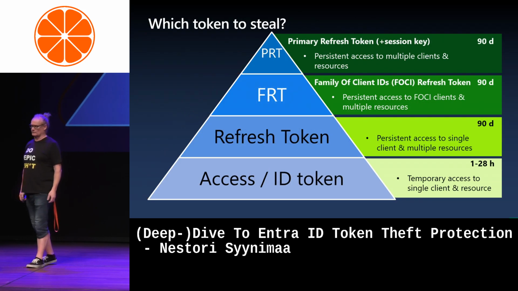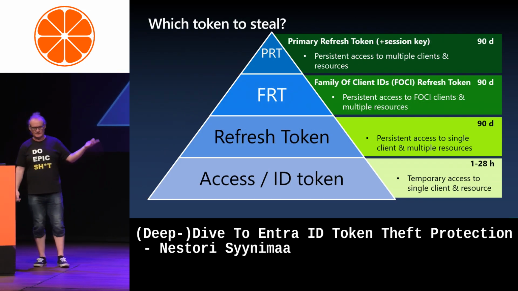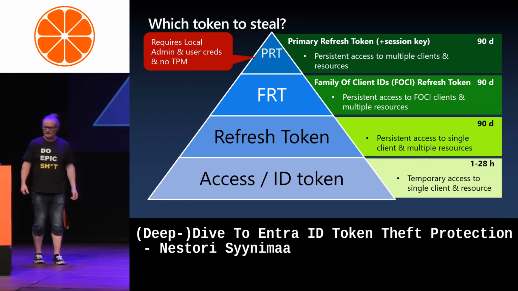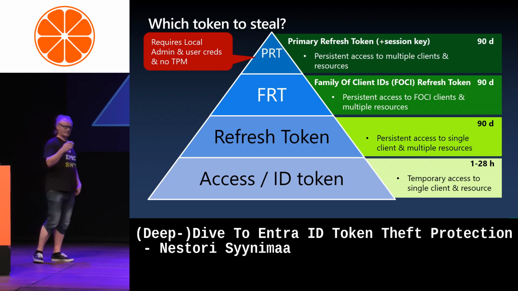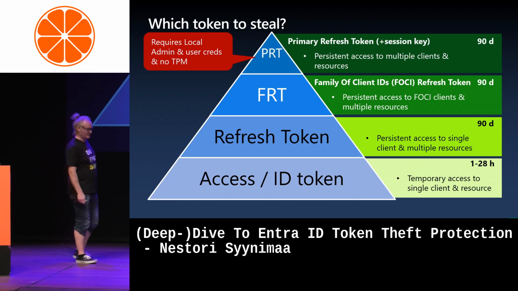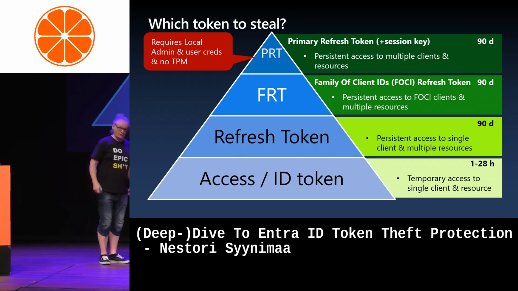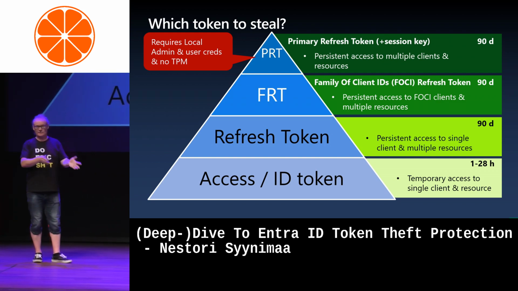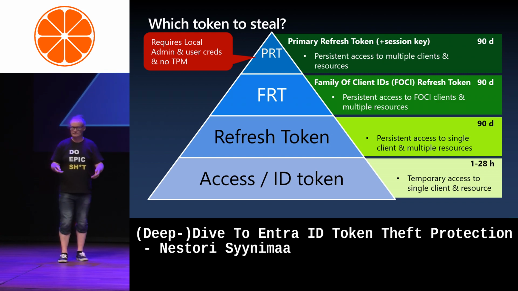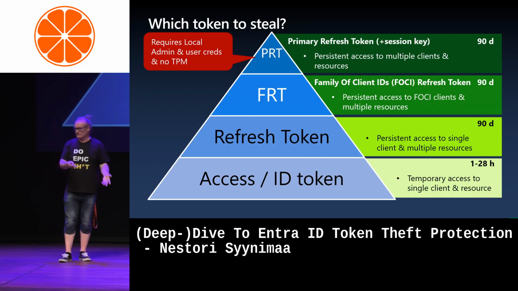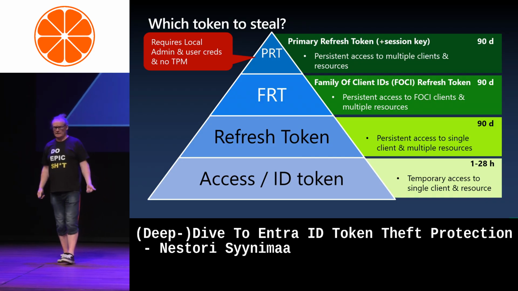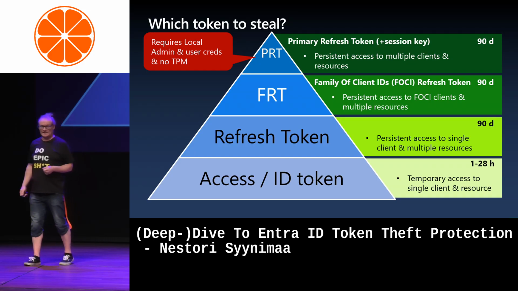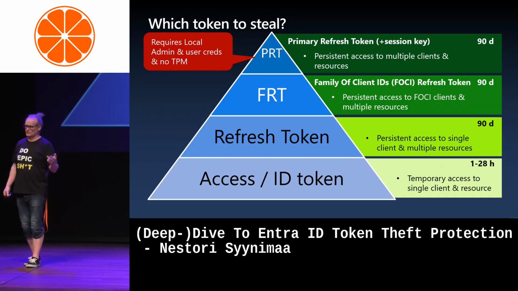Again, the worst or best is the PRT, or primary refresh token, which proves the identity of you and the device. If you have access to that, you can get access to anything in the cloud as the person whose endpoint that is. But that again requires that you don't have a TPM, you have local admin permissions, and you know the user's username and password.